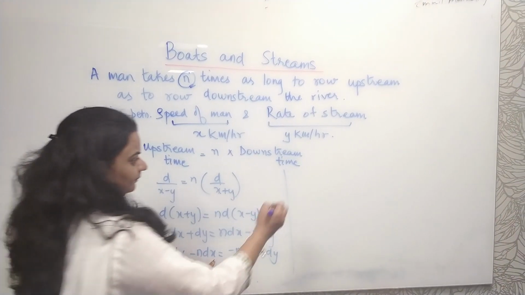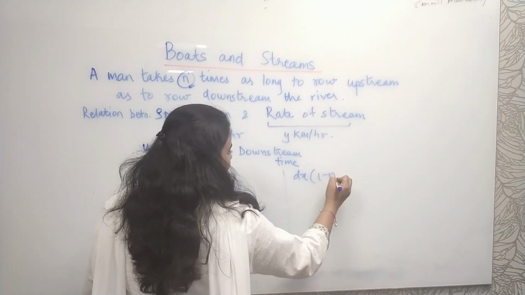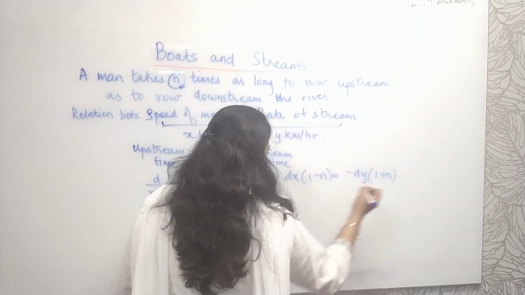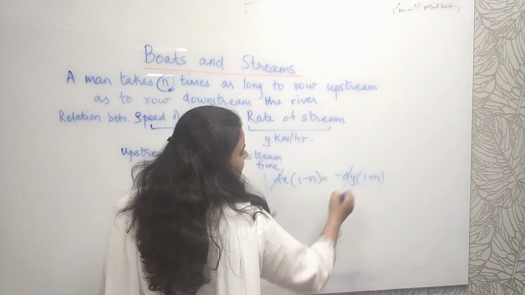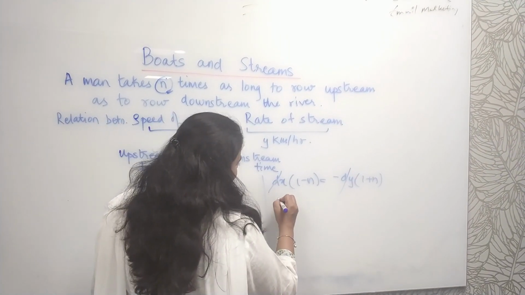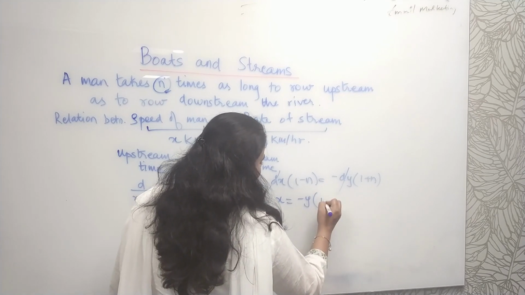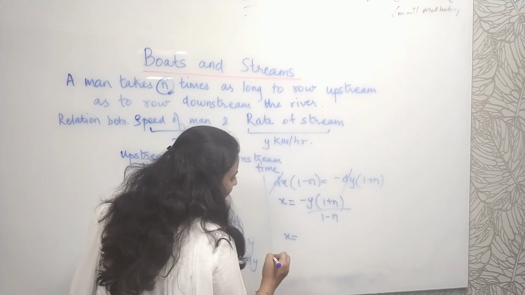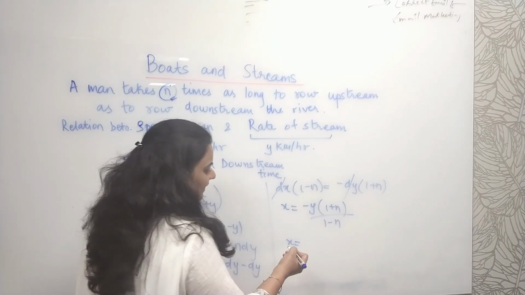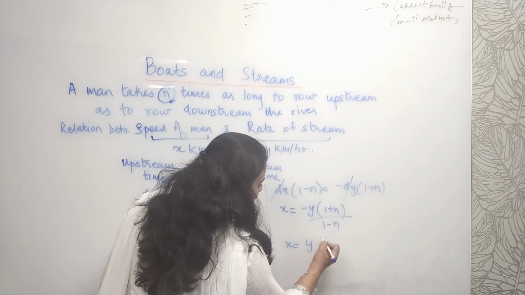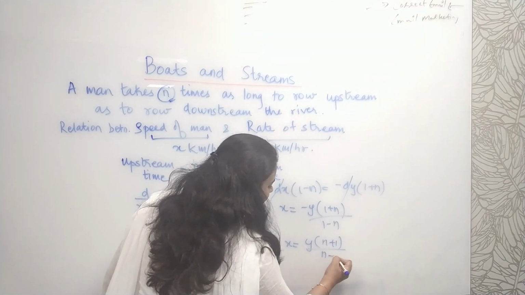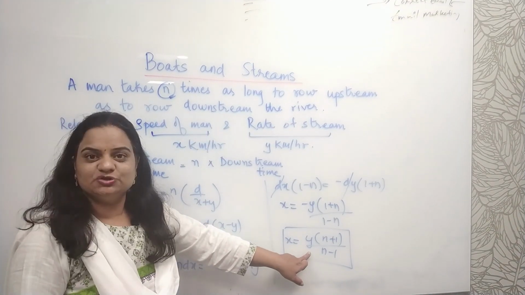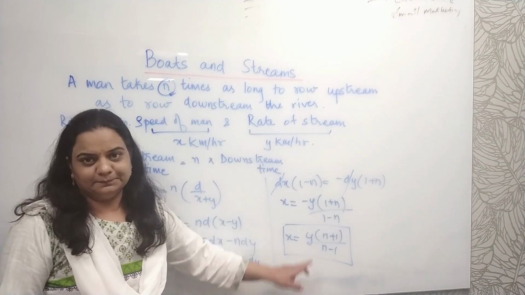Taking dx common, we get dx(1 minus n) is equal to minus dy(1 plus n). That is, cancelling out d from both the sides, we get x is equal to minus y(1 plus n) upon (1 minus n). We simplify it further so that it is easy for you to remember. We get x is equal to y into (n plus 1) upon (n minus 1). This gives us another very easy trick to be used in your exam.